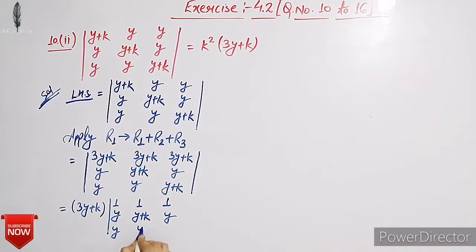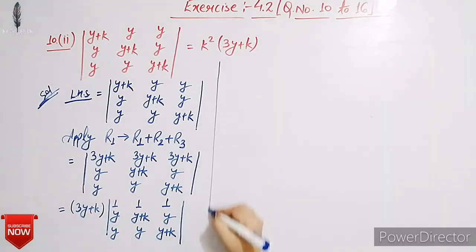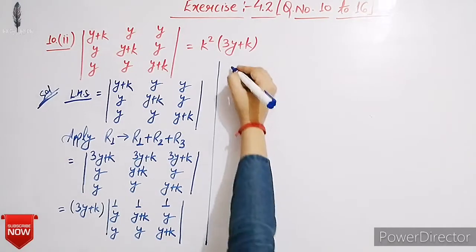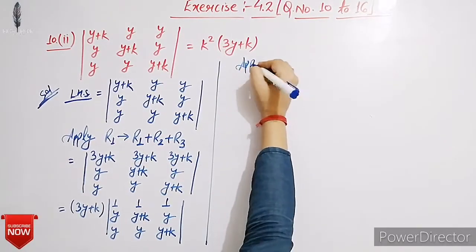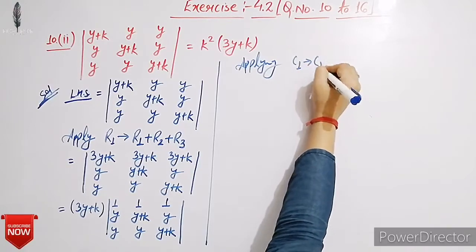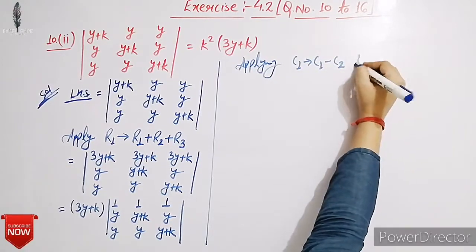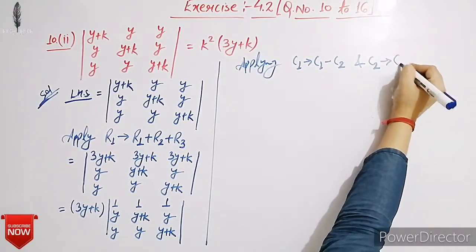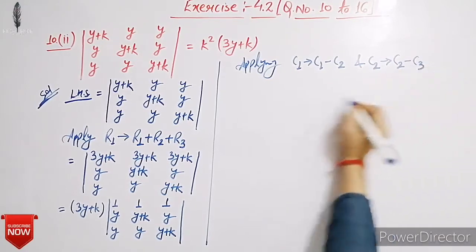R3 is y plus k. Now simply 1 minus 1 is 0, 1 minus 1 is 0. So applying the operation, C1 is such that C1 minus C2 and C2 is such that C2 minus C3.